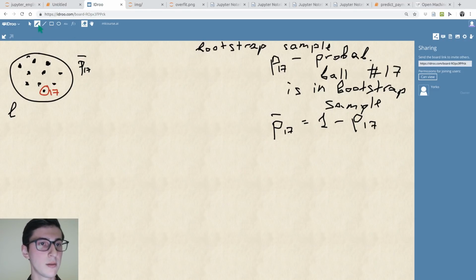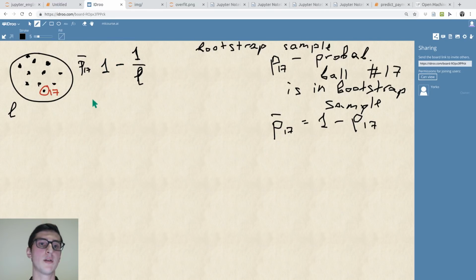So 1 over L is the probability that I took this ball number 17 or any other when I put my hand in this bag and took out one ball. With equal probability I can take any of these. So 1 minus 1 over L is going to be the probability that I haven't taken this ball number 17.